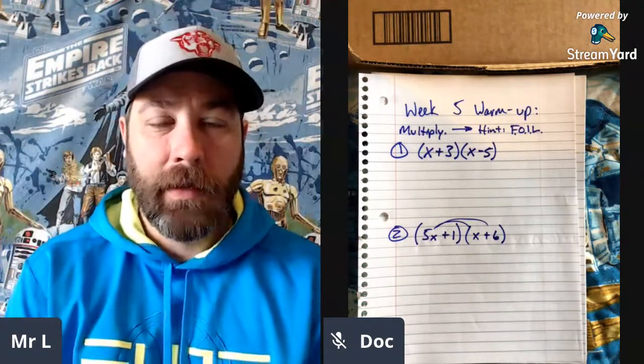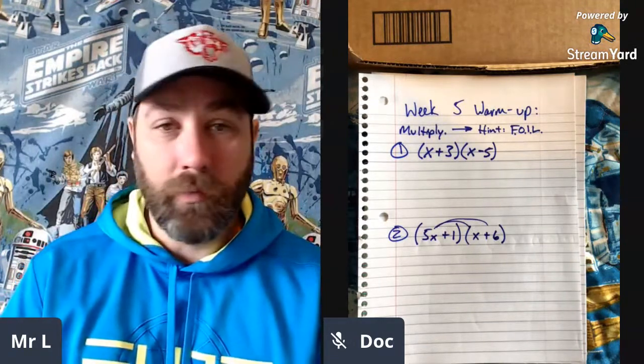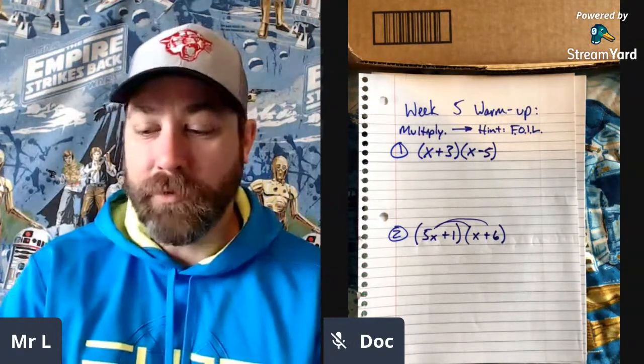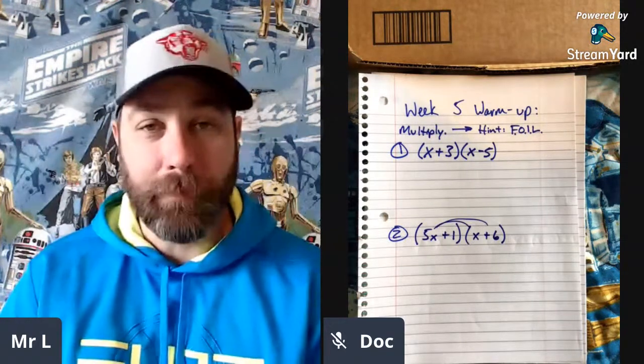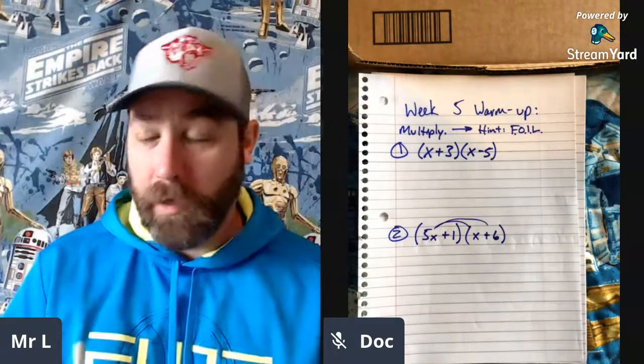So either push pause on this and try to do those 2 warm-up questions the best you can. And I'm going to go ahead and continue working out what the answers to the warm-up are. So if you need a minute to work them out before you want to see the answer, then push pause, work them out, and then continue on.